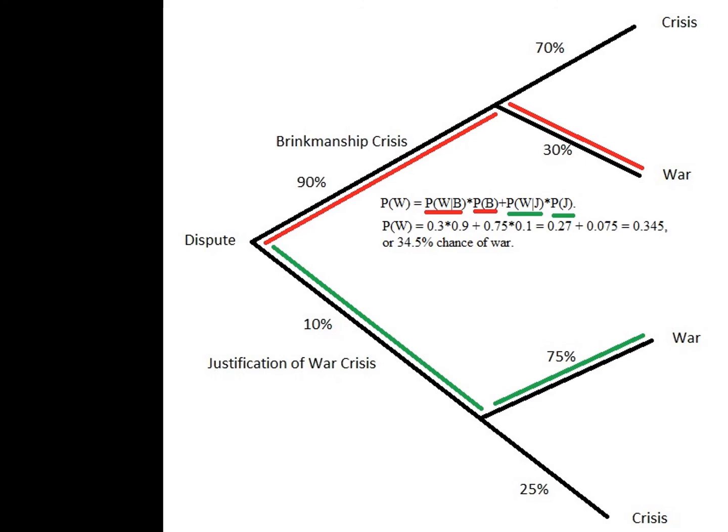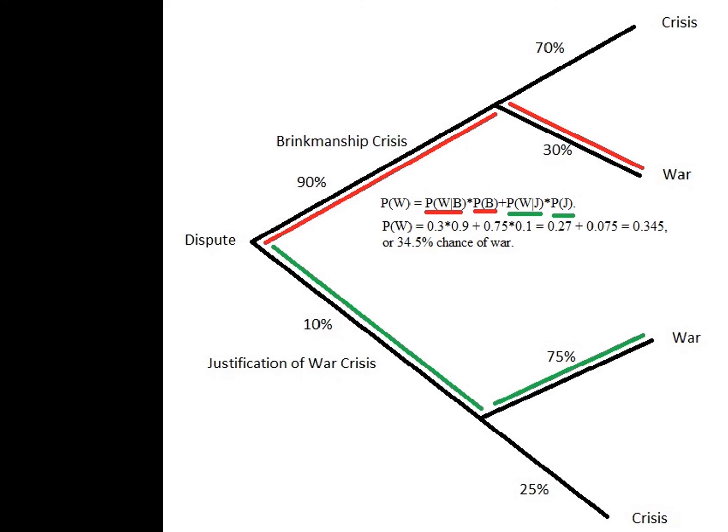Now you can see the formal equation at the top, which is the probability of war is equal to the probability of war given that there is a brinkmanship crisis times the probability of a brinkmanship crisis, plus the probability of war given a justification of war crisis times the probability that there is a justification of war crisis happening.